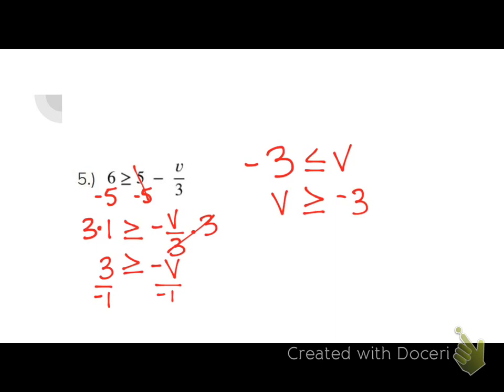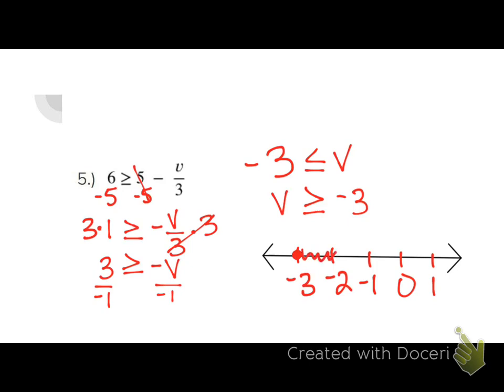Now we are finally ready to graph it. Am I open or closed at negative 3? Why am I closed? Good, closed because we've got the bar underneath it. And we are going to shade it to the right because it is a greater than symbol.